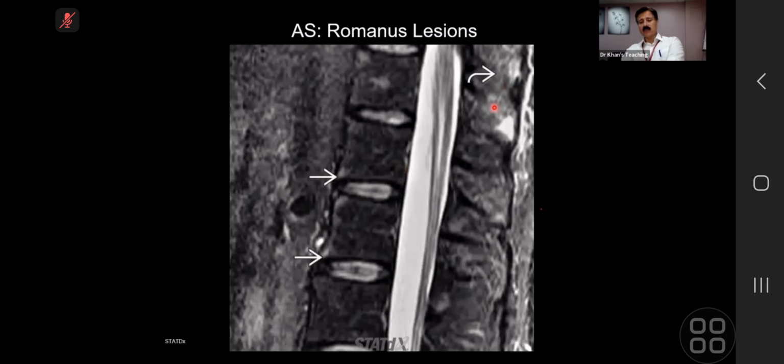Posterior elements edema, you have to pick that up. If in your case there is edema and you pick it up, the examiner might give you half a mark extra. And also please remember costovertebral joints. I'm not showing you because of the time factor, but the costovertebral joint, of course, can be involved in ankylosing spondylitis, and particularly on axial, the examiner might like to show you.